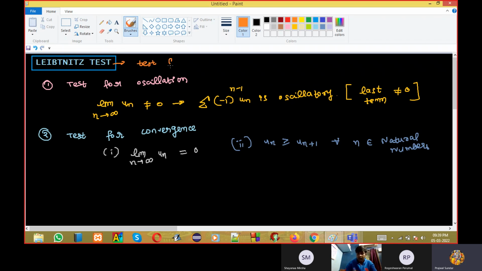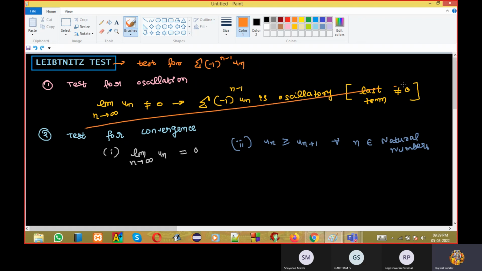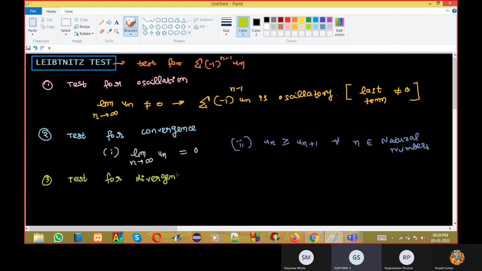So for the series sigma of -1 power n minus 1 un, we perform these tests. This series is oscillatory if the first condition is satisfied, and convergent if these two conditions are satisfied. Now, the third question you will ask me: what is the test for divergence? Can someone try? If the condition fails, it is divergence?